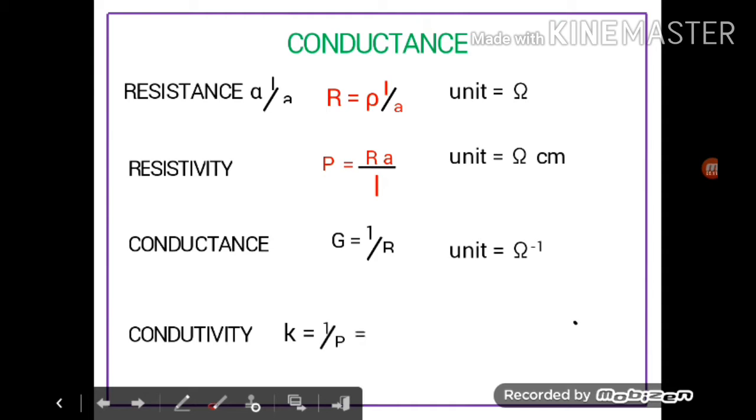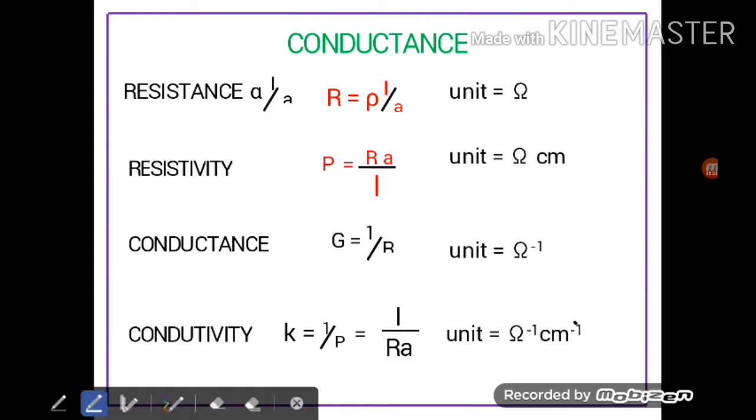Here we put the value of rho, which is R A by L. The inverse of rho is equal to L by R A. So conductivity is equal to L by R A. Now about units: the unit is ohm inverse centimeter inverse, because conductivity is the inverse of resistivity. Simply, 1 by ohm centimeter becomes ohm inverse centimeter inverse. Okay, now next, these are the terms of conductance and resistivity.